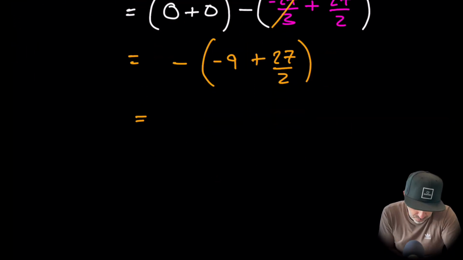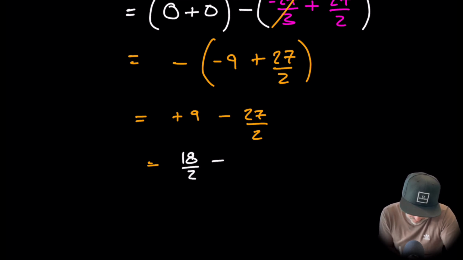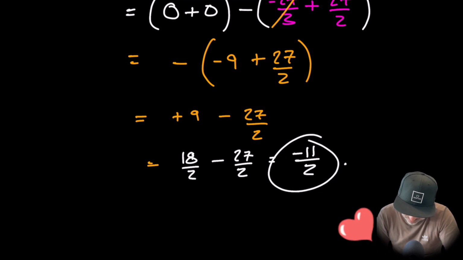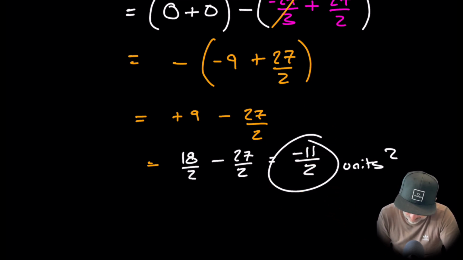That would result in +9 subtract 27 over 2. If you want to combine that into a single fraction, that would be 18 over 2 subtract 27 over 2. The difference between 18 and 27 is 9, but it'd be negative over 2. And don't forget, that would be units squared.